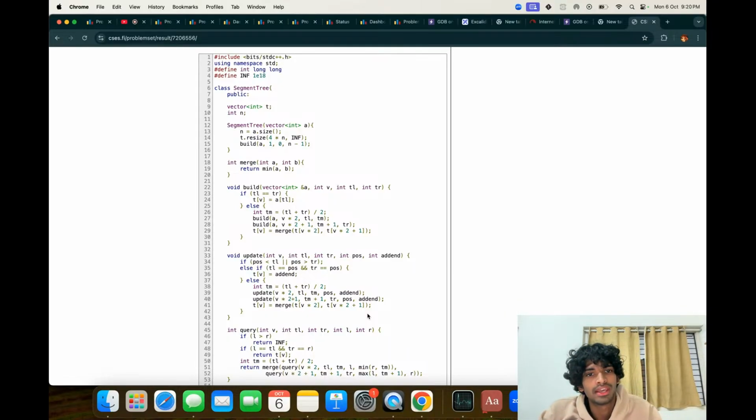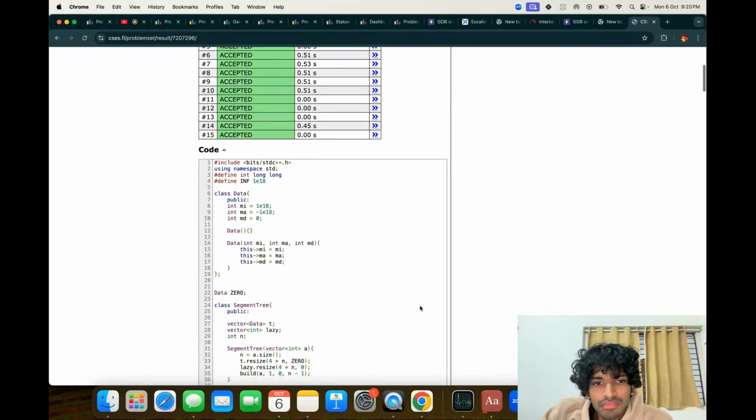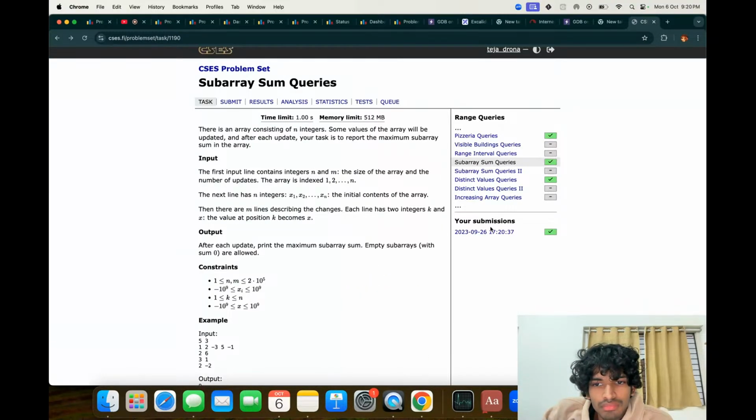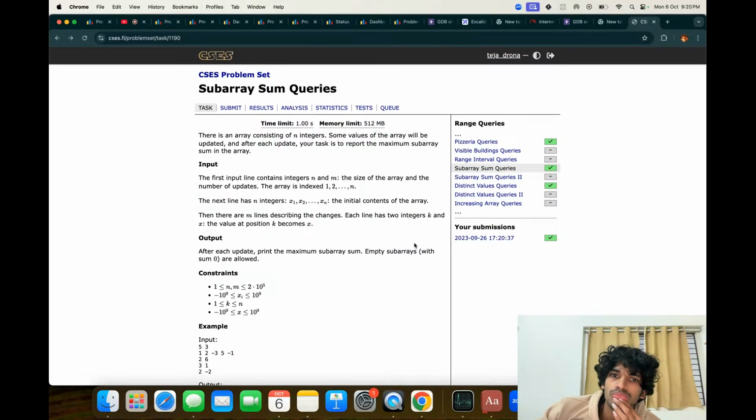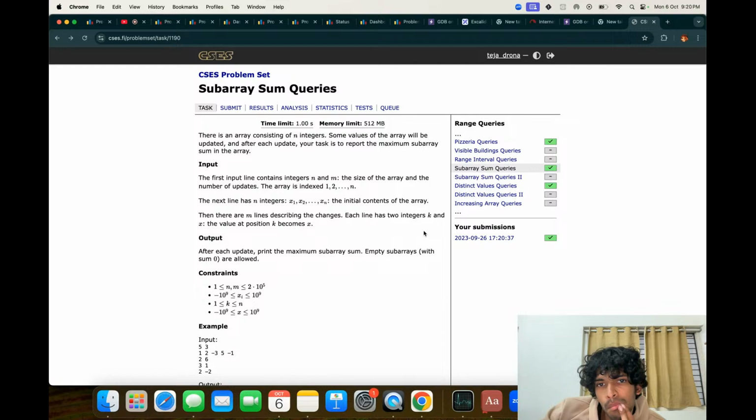We want the first negative value, okay? It's like some range additions and first negative value.